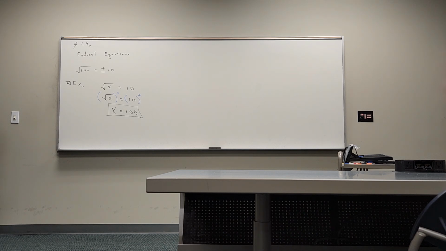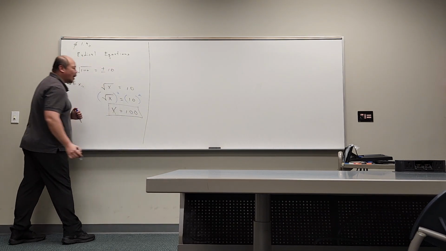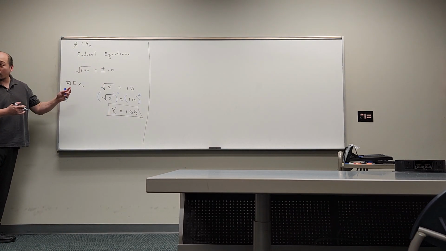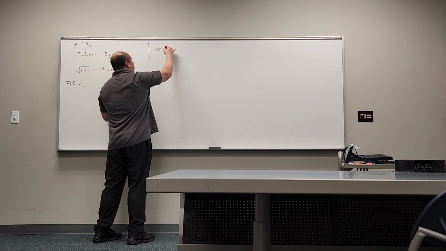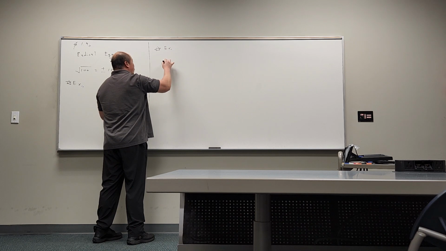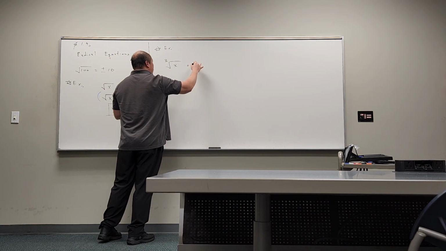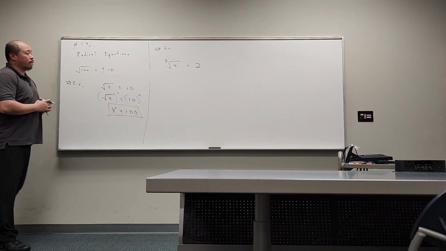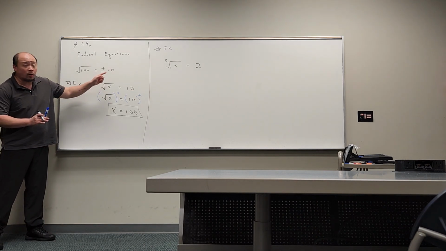And keep in mind that it doesn't matter what kind of radical you get. For example, if you have the cubic root of x equals, let's say, 2, you just have to apply the same thing corresponding to the degree of the root.